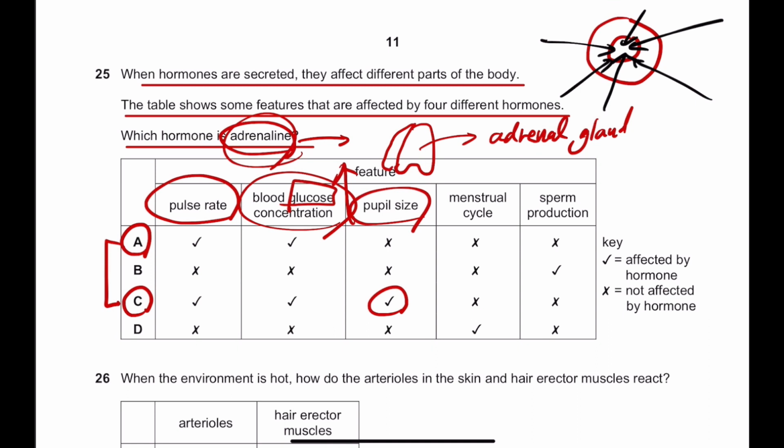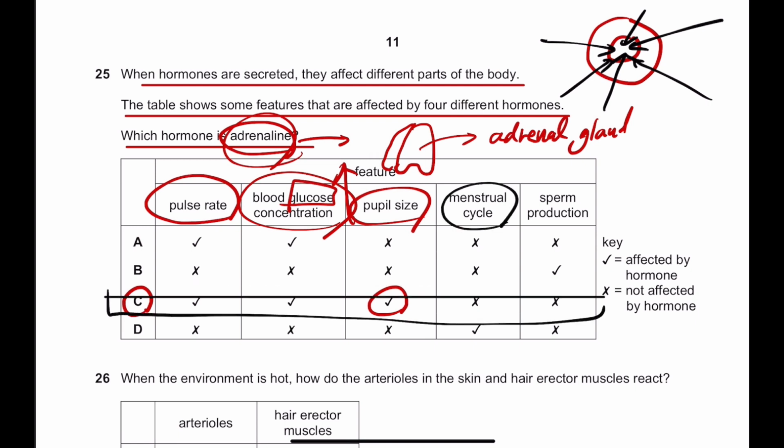So when you receive a lot of light in your eye, you're getting a lot of information, so you can react better. So your pupil size has to increase. So the answer already is C.